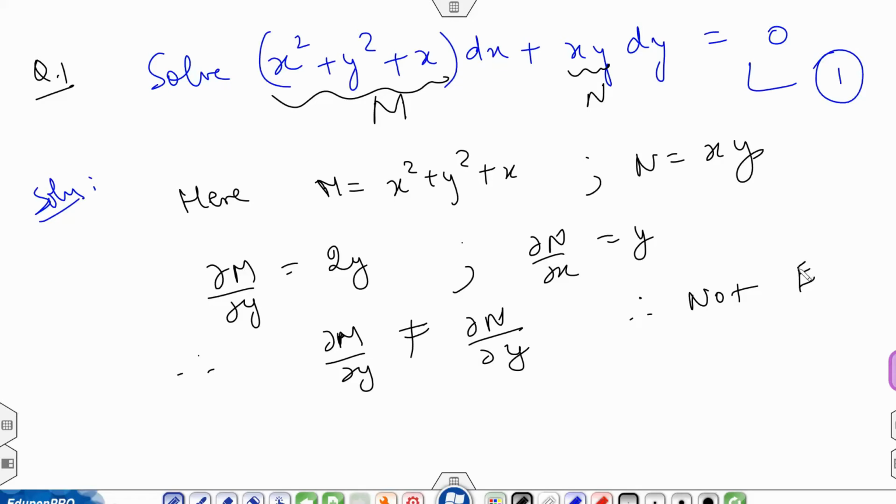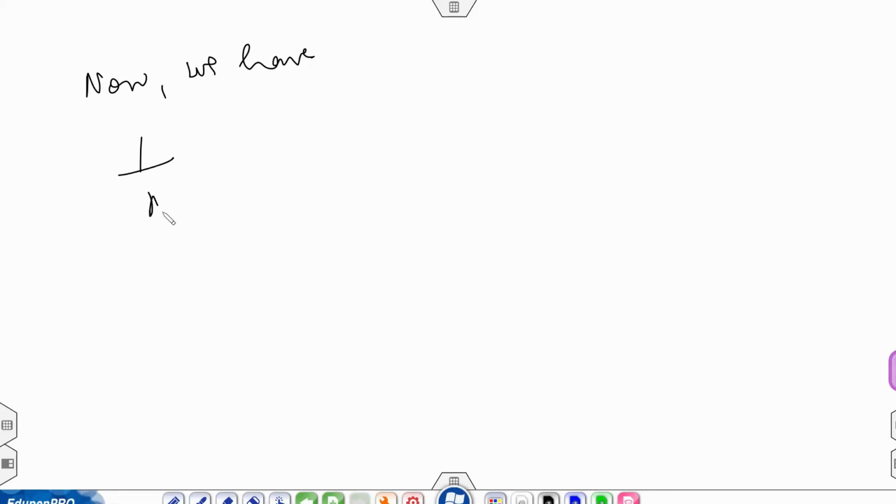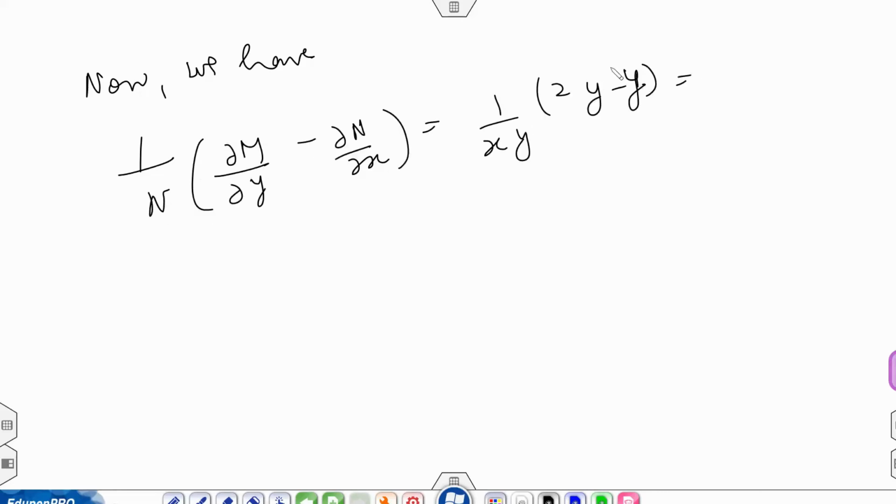So now what do we have to do? We have to find the integrating factor for this differential equation so that the equation becomes exact, and then we know how to find the solutions of the exact differential equation. So what is our next task? We need to find out the integrating factor. Now see, if I find this term, I am getting this.